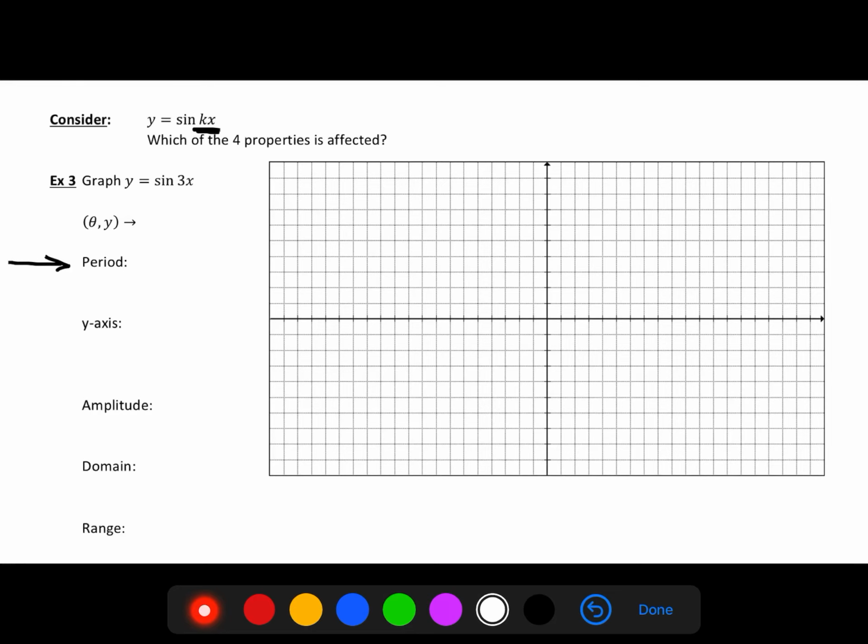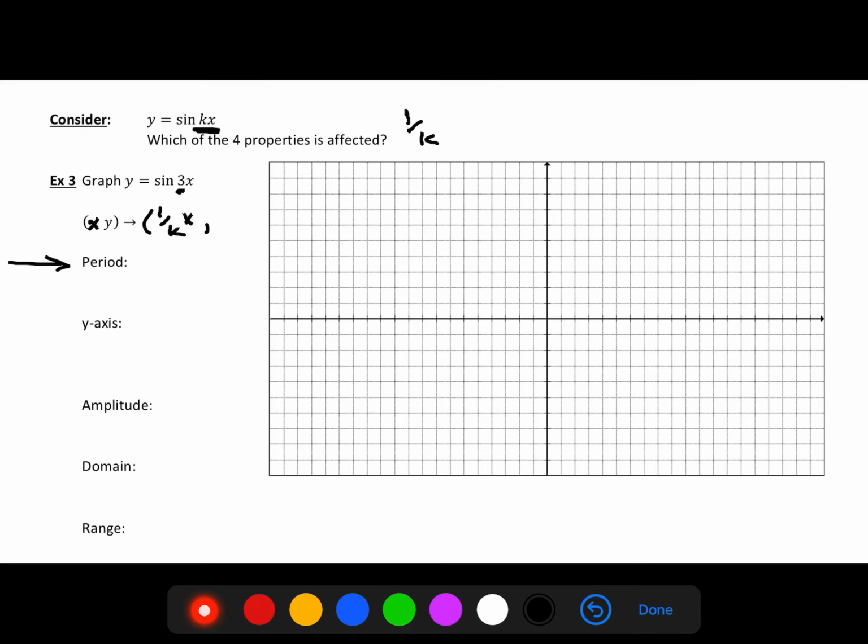So if we have x and y, our regular points, what's going to change is that we're going to multiply our x values. Now we talked about adding or subtracting inside the brackets with x does the opposite. Well, the k value also does the opposite, that we are going to be looking at 1 over k. So we're going to multiply our x values by 1 over k.